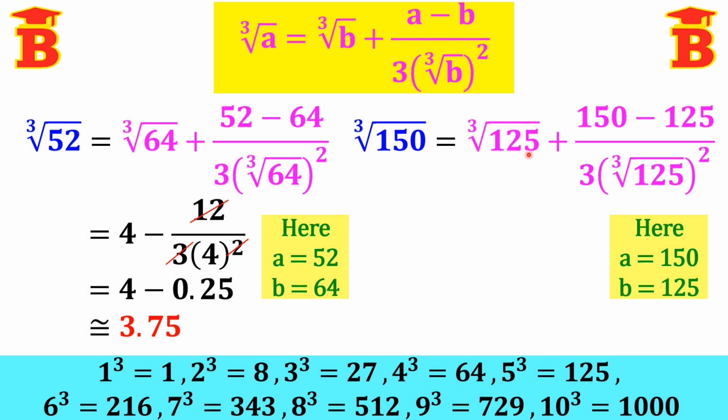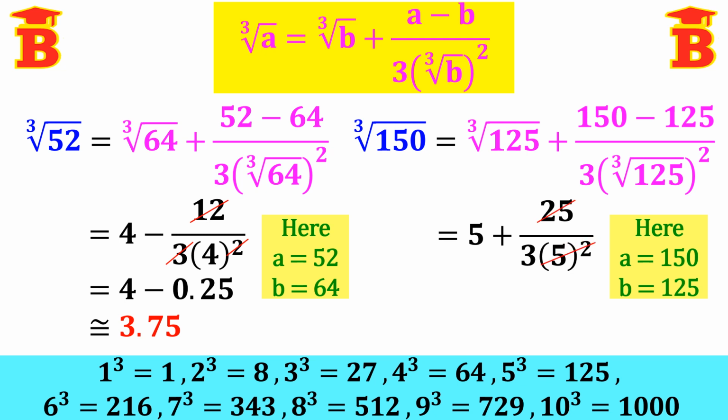Cube root of 125 is 5 because 5 cube is 125. So we get 5 plus (150 minus 125, that is 25) divided by 3 into (cube root of 125 is 5) whole square.